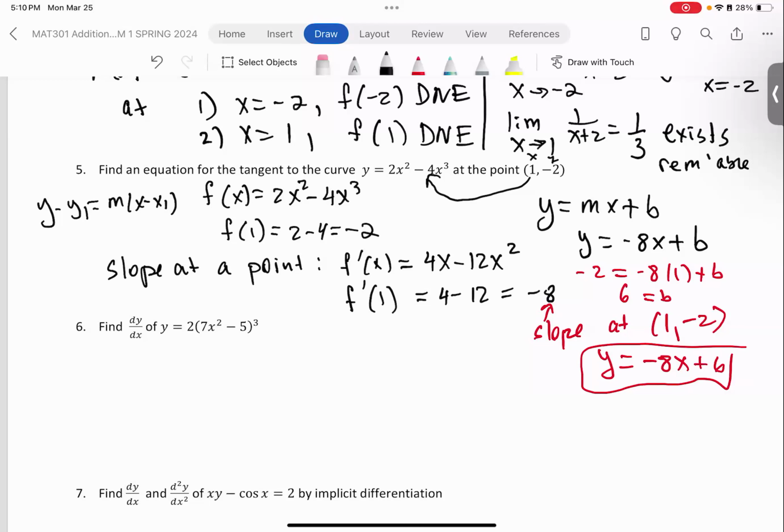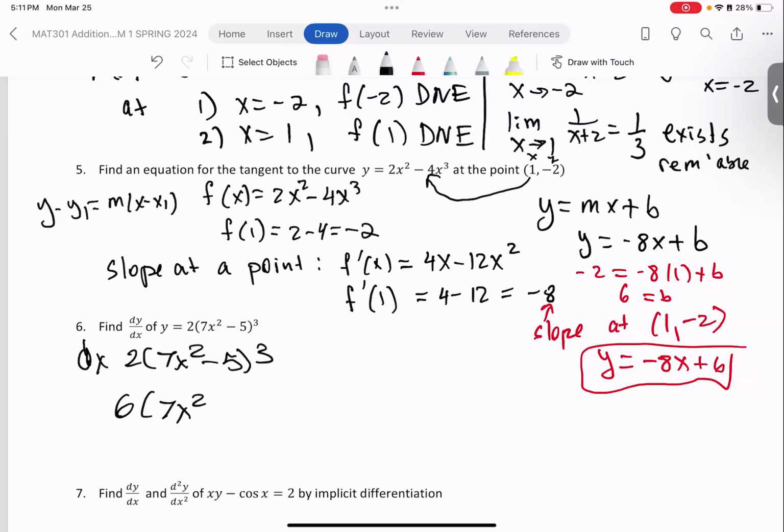How's it going? I'm going to write it down. So we're using, what is it called? This is the chain rule.